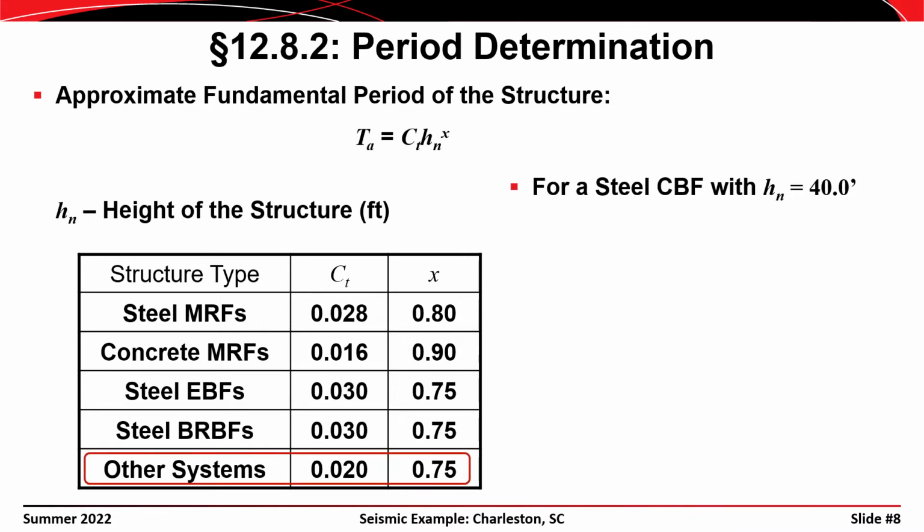First, we're going to consider a steel concentrically braced frame with a height of 40 feet. And for steel CBF, we have a value of C sub t given to us as 0.020 and a value of x given as 0.75. Substituting into our equation, we find that we have an approximate fundamental period of 0.318 seconds.